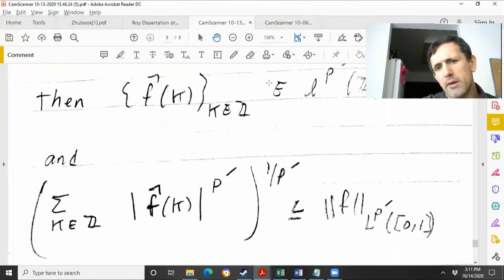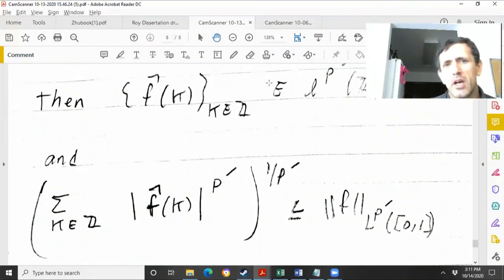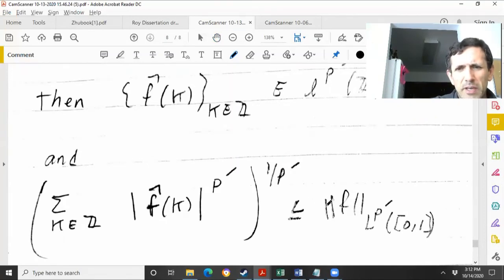And in fact, because we have that f hat is an isometry from L^2 of [0,1] to little l^2 of the integers, and because we have a trivial big L^1 to little l^infinity bound, we get virtually the same conclusion as Hausdorff-Young for the Fourier transform, in that your A0 and your A1 are just 1, so it's 1 to the 1 minus theta, 1 to the theta, which is just 1. So the constant you get from applying Riesz-Thorin is just 1.